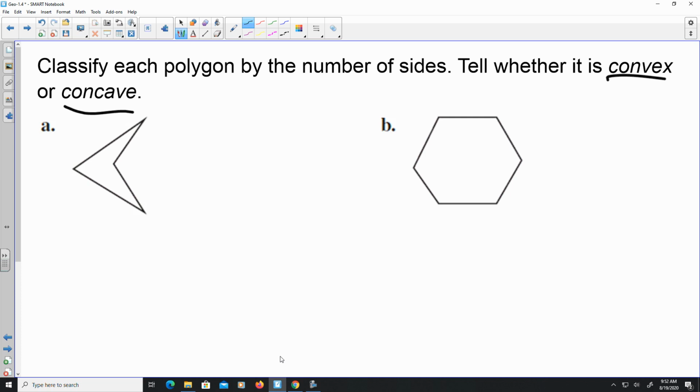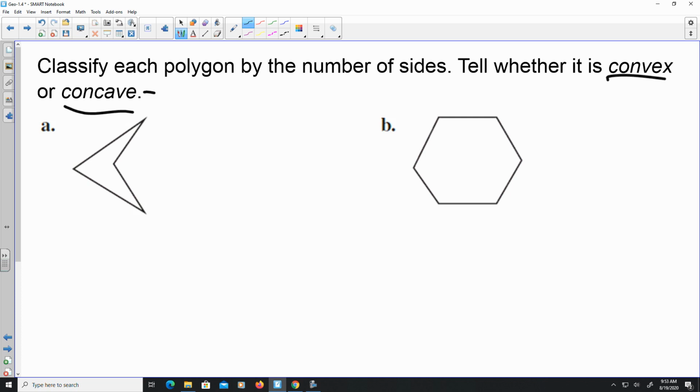If you identify that your straight edge intersects the interior of that polygon, and it only has to occur on one line segment, then it is automatically concave.